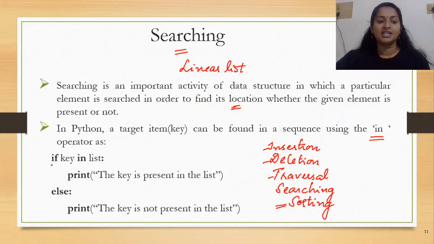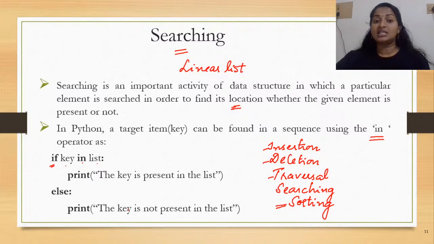How do I write? If key in list. Now, in is the membership operator. What does in check? In checks whether the value is present in the list or not. If it is present, I display a message stating that the element is present in the list. Otherwise, I print the message that the search is unsuccessful.